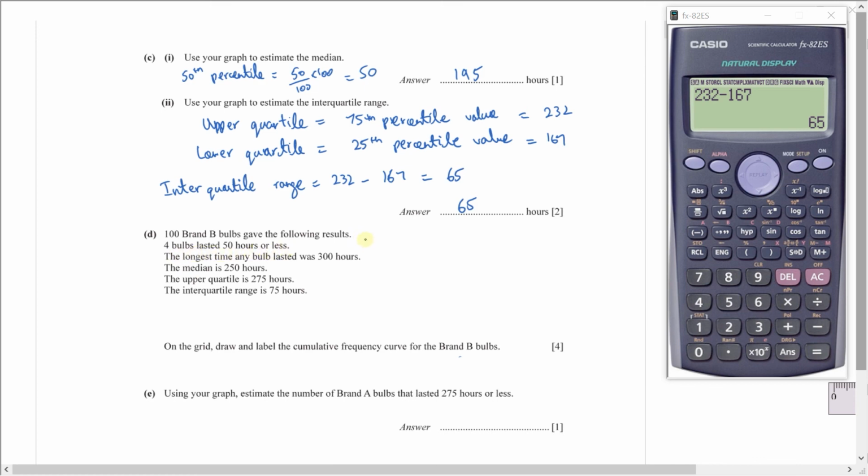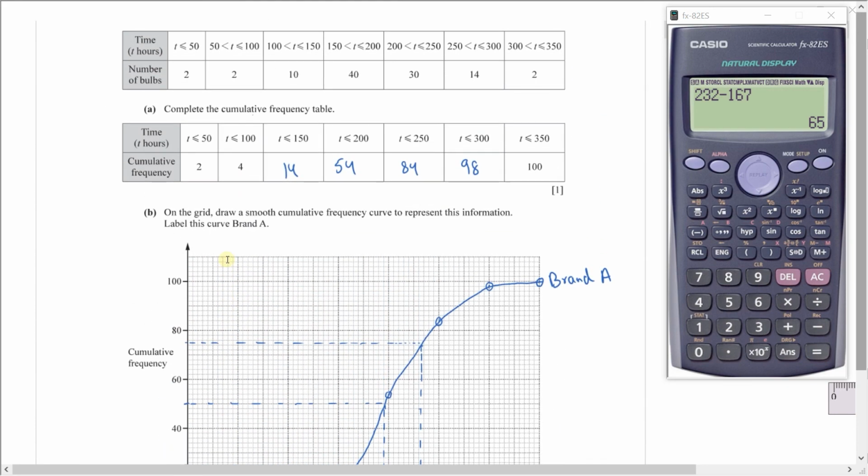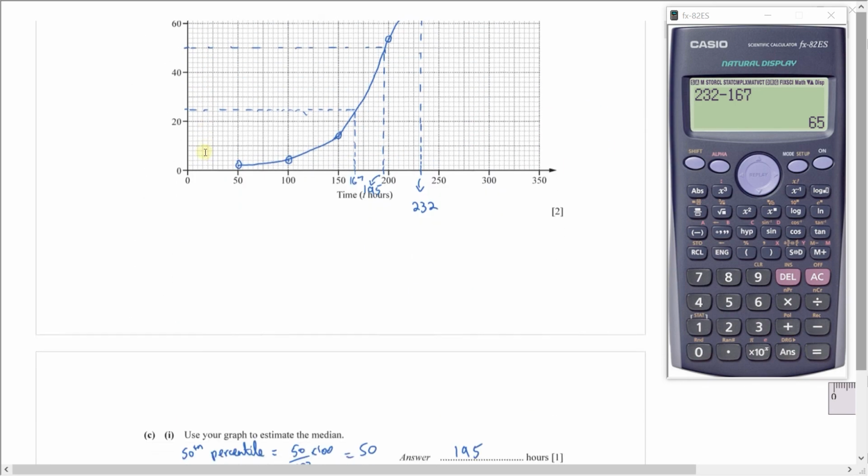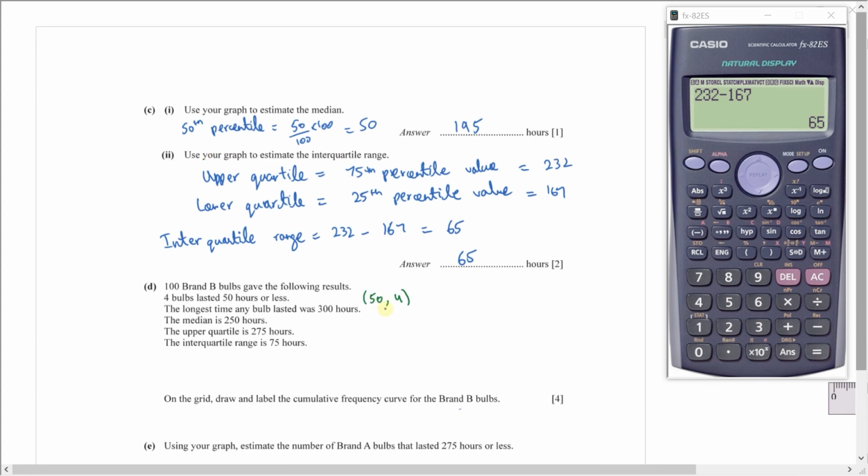So that means when your number of hours is 50, your cumulative frequency is 4 because 4 bulbs lasted 50 hours or less. It's similar to saying here you have 2 bulbs that lasted 50 hours or less for brand A. So from this, we get this point.